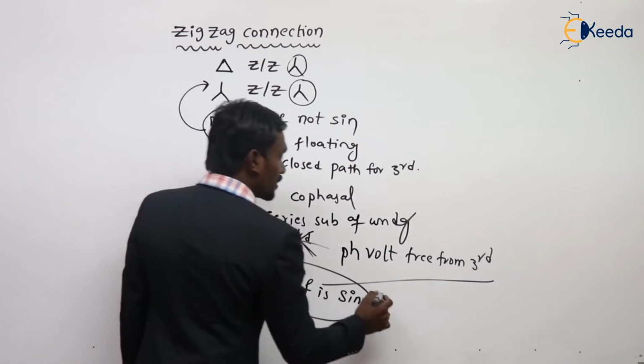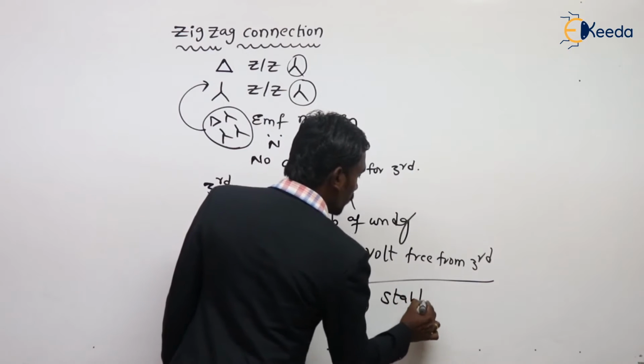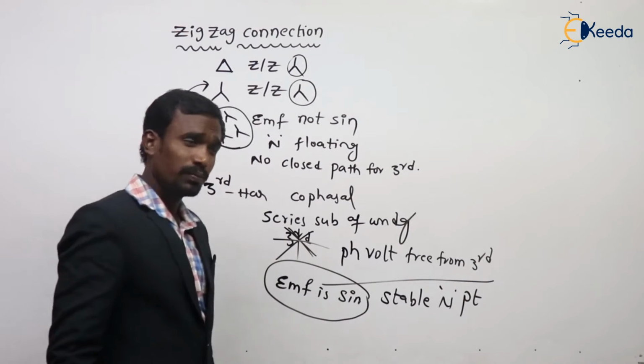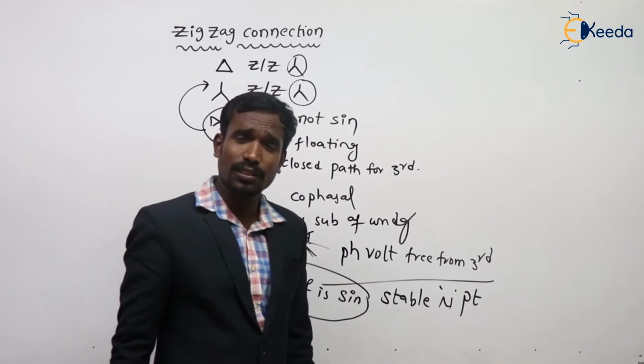And here a stable neutral point is possible by using zigzag connections.